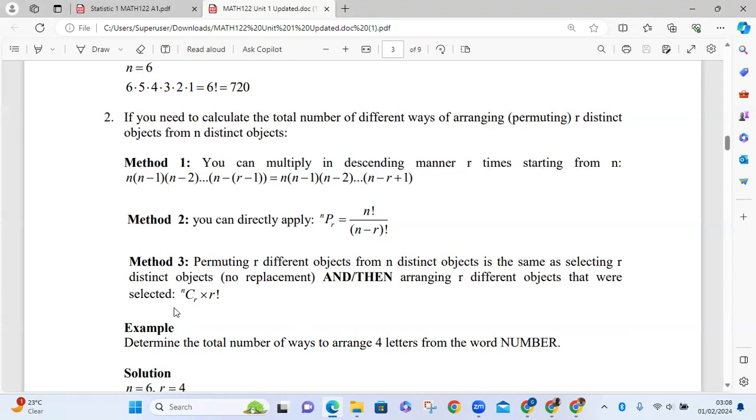So you are choosing r from n, and you are arranging r, because you must randomly select them, then arrange them. Here we go with the word then, so that this is now interpreted as multiplication when you use the word and in your analysis. So nPr is the same as nCr times r factorial.